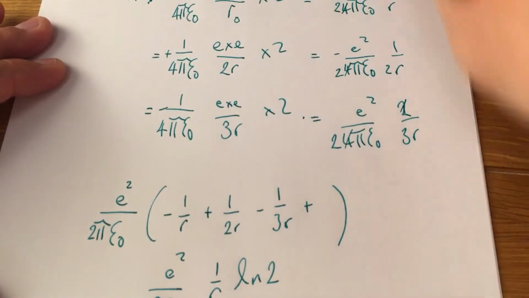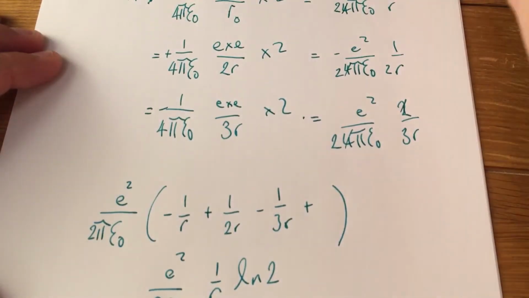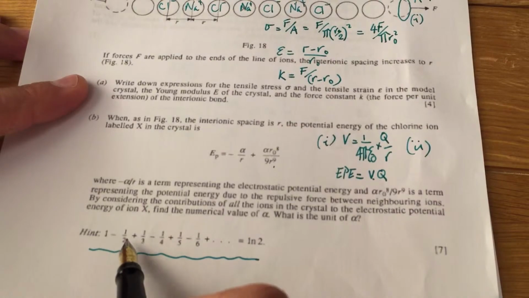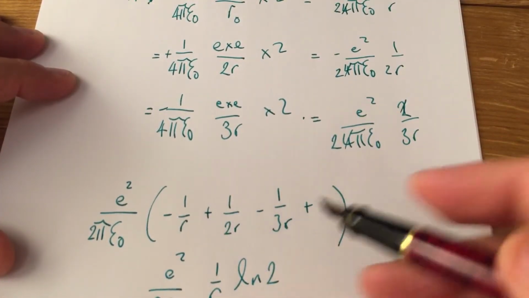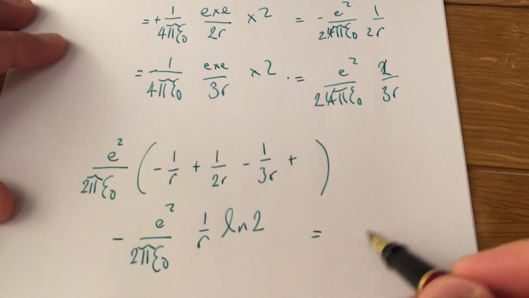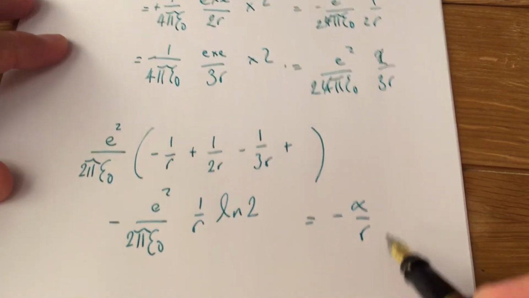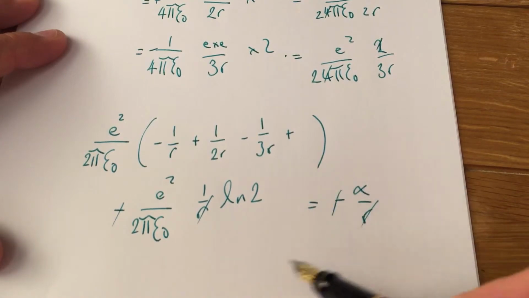Good. Now, what we have here in the original thing was it said minus alpha over r. So if I take, remember, ln2 is 1 minus a half plus a third, so I need a minus out of that. And of course, I hope you can see it, this is minus alpha over r quite easily. So those r's go, those positives go.